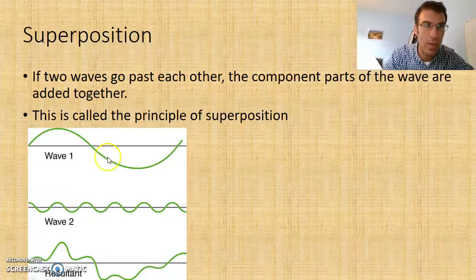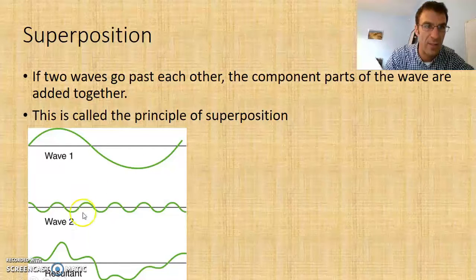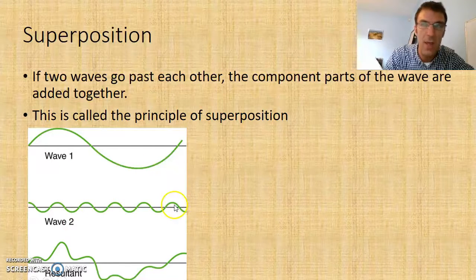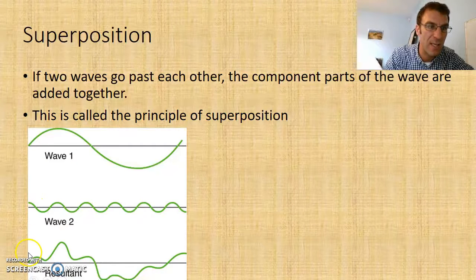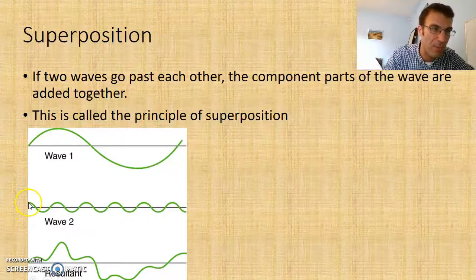If I've got this one big wave here and then a smaller wave that's going up, down, up, down, and goes over this first big wave, then what you're going to see is the two waves are added together. That means that if this is an amplitude of 0, and this is an amplitude of 1, then that should be an amplitude of 1.